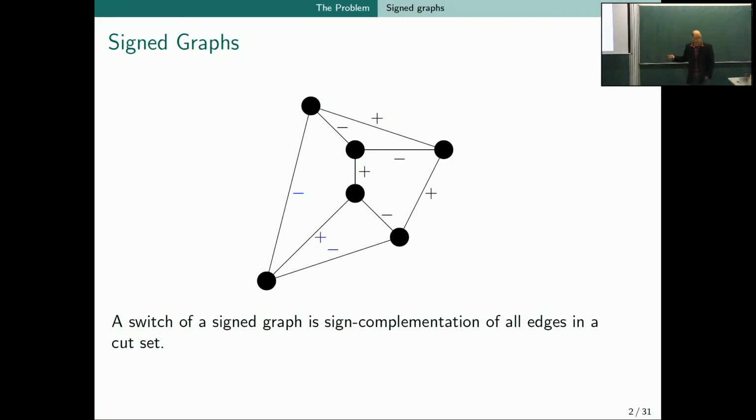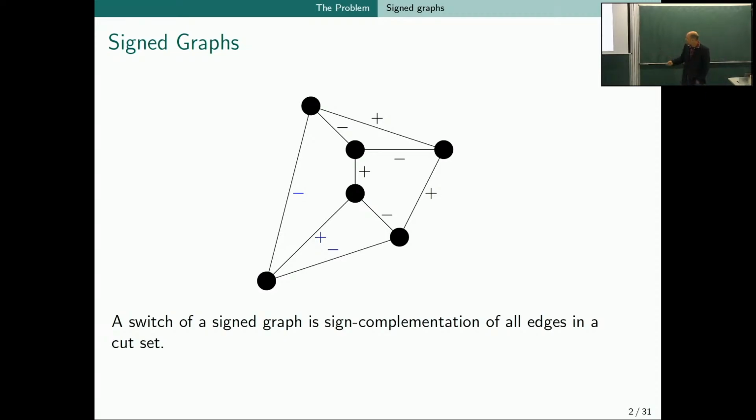Alternately, you can say we switch on all the edges adjacent to a single vertex, and this defines an equivalence class of graphs that you can get between with switches. And generally, for questions about signed graphs, we talk about the class, the switch equivalent graphs.